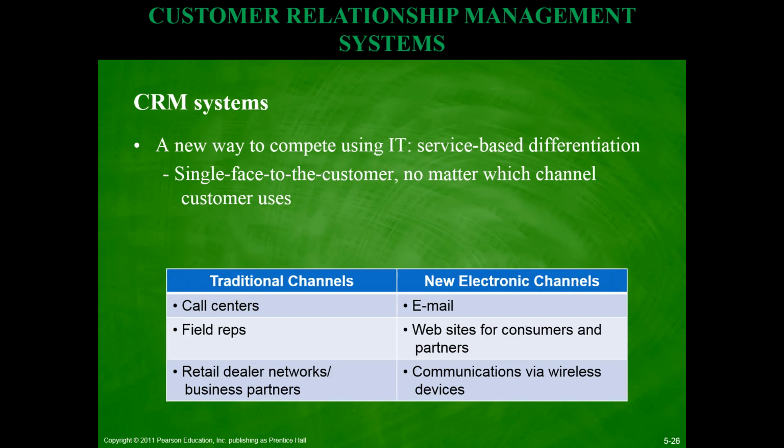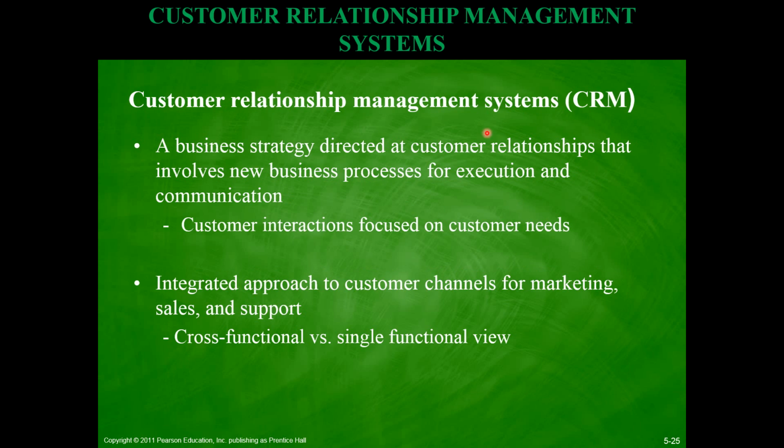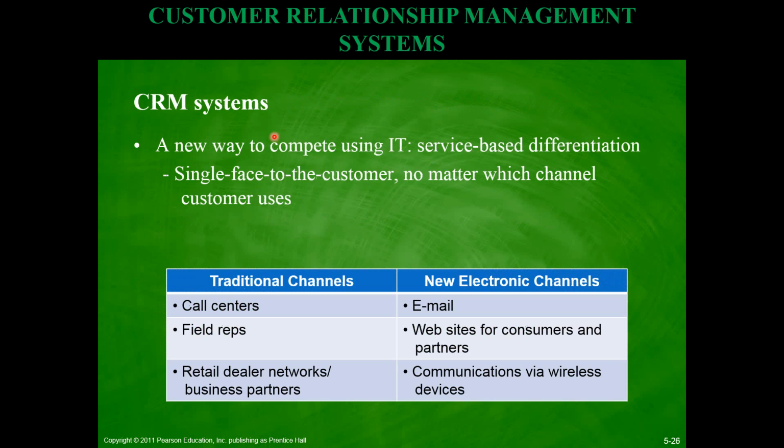And so we've been just talking about customer relationship management in general, right? But this is where customer relationship management systems, meaning information systems, come into play. They help organizations to compete using that CRM perspective that is IT driven. So basically, the idea behind CRM systems is that there's a single face to the customer, no matter which channel the customer uses. Whenever a customer interacts with a particular aspect of a business, there's that single platform where everything is entered.